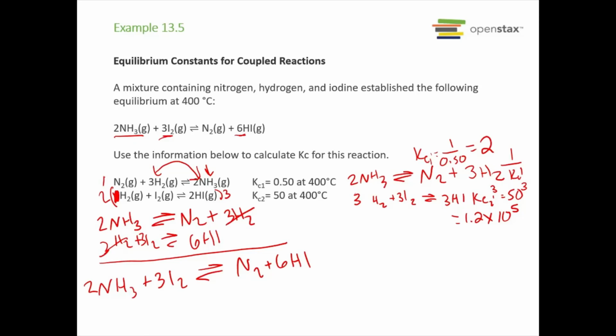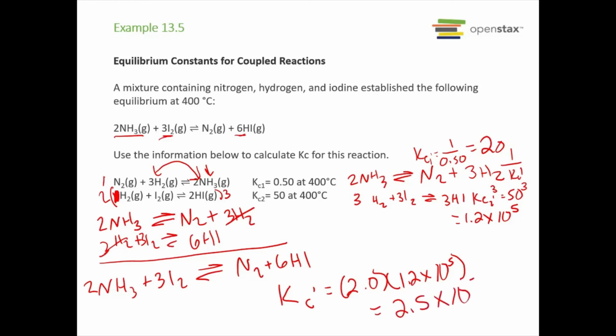And so then now we know that our Kc of the overall reaction is equal to Kc1 times Kc2. So that's equal for us to 2.0 times 1.2 times 10 to the 5th power. And this is 2.5 times 10 to the 5th. So that is our overall Kc for the reaction. So this showed all those different rules we were looking at.